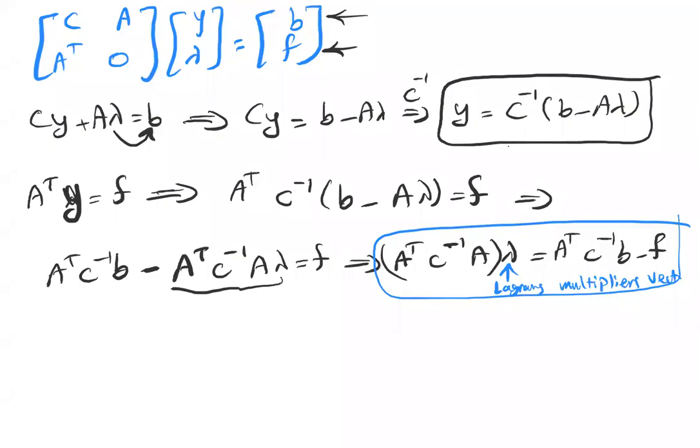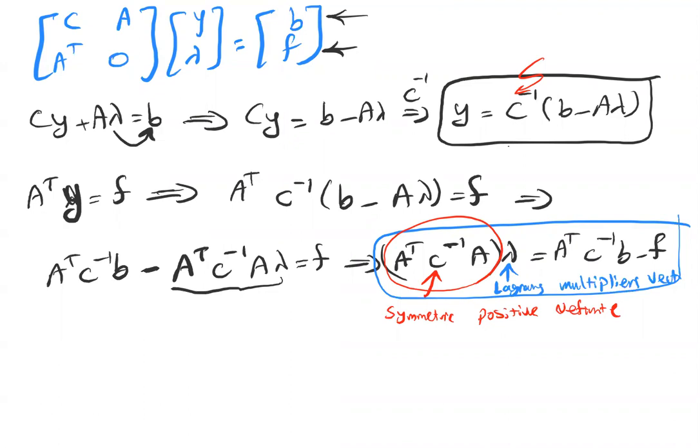So now the question is, what's the guarantee that this matrix is invertible? Because we already know that C is invertible. But here's the thing. We know that C is symmetric, positive, definite. We also know that columns of A are linearly independent.